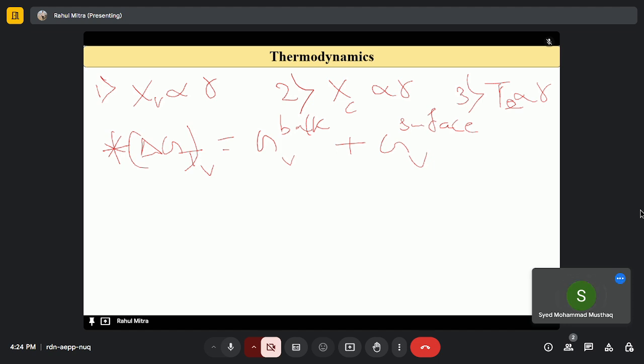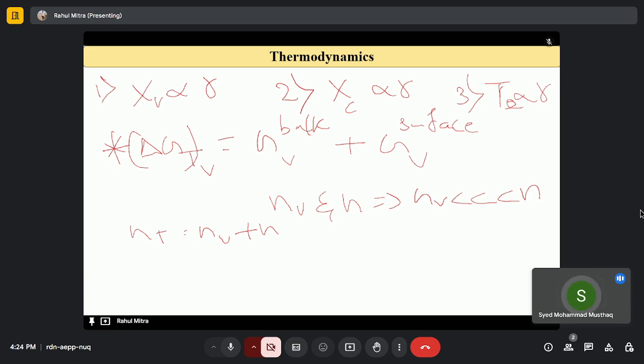We know how to find the mole fraction of vacancies in the bulk. Assume we have NV vacancies and N atoms, and the number of equilibrium vacancies in a bulk material will be very much less than the total number of sites, the total number of atoms. So the total number of sites will be NV plus N.